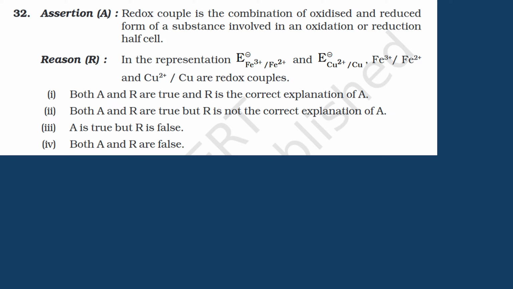I think both are correct. A redox couple is a combination of oxidized and reduced form of a substance. So this is the oxidized form and this is the reduced form. Similarly, this is oxidized and this is reduced. Involved in an oxidation or reduction half cell. Yeah, absolutely, half cell.